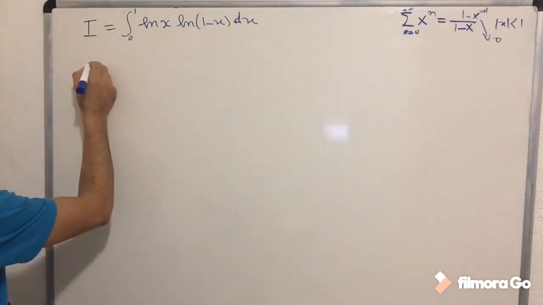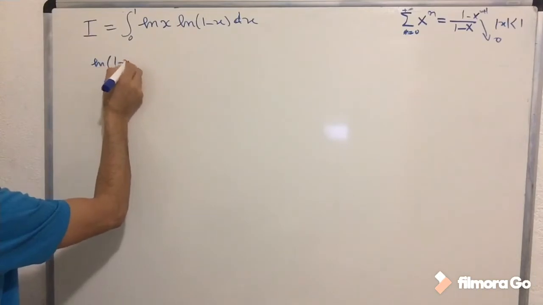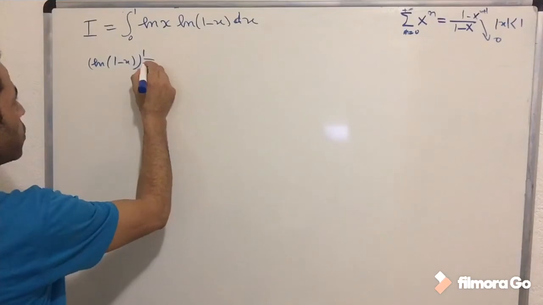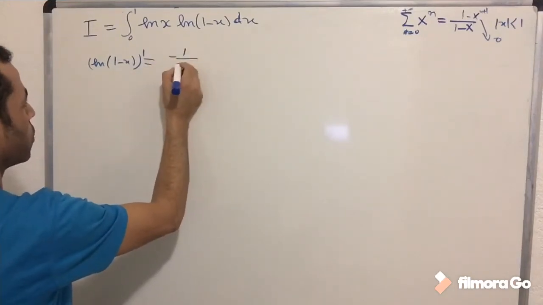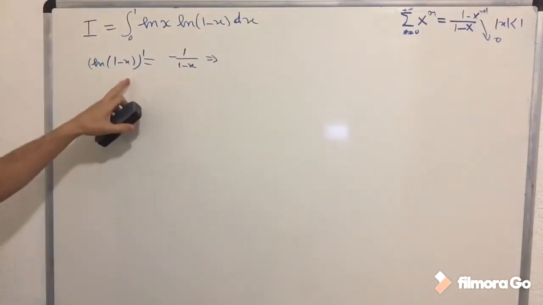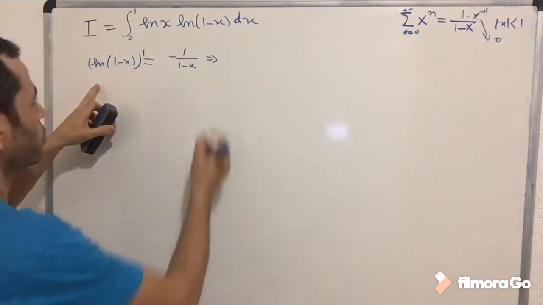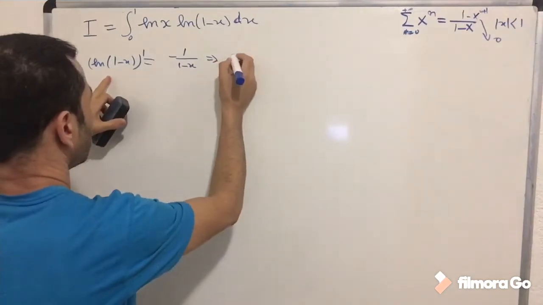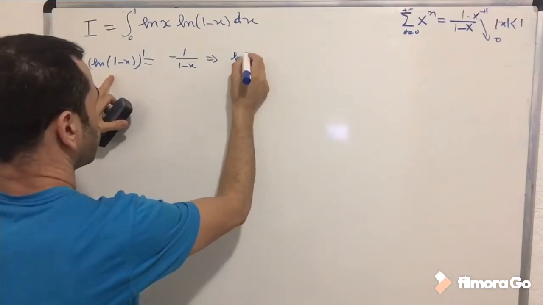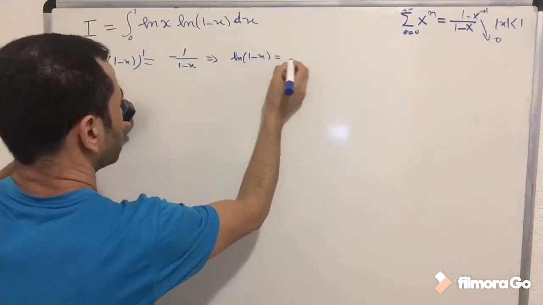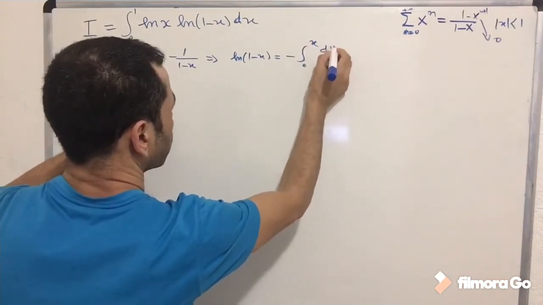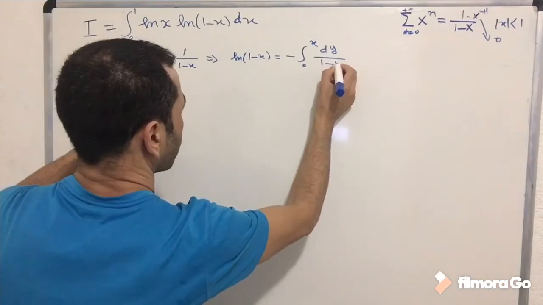In other words, the derivative of natural log 1 minus x equals minus 1 over 1 minus x. We can change it again to the original function by integrating. Our expression now becomes natural log of 1 minus x equals minus the integral from 0 to x of dy over 1 minus y.